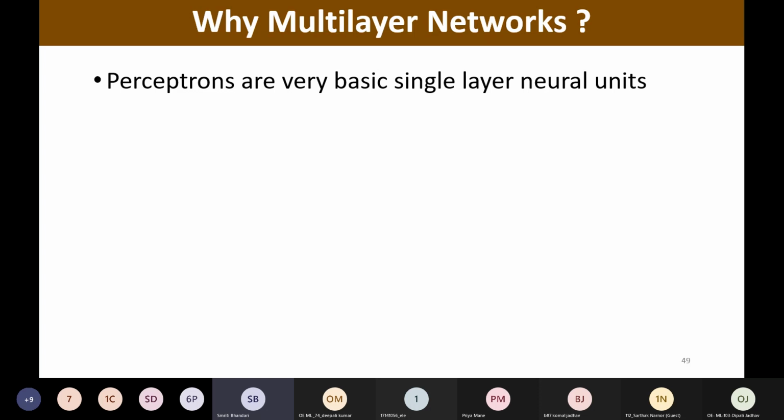So we know that a single layer perceptron is a very basic neural unit. Perceptron, which is a single layer neural unit, is very fundamental, and it is typically meant for finding out the decision boundaries, those are linear.